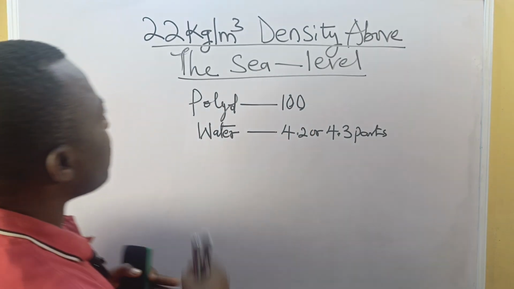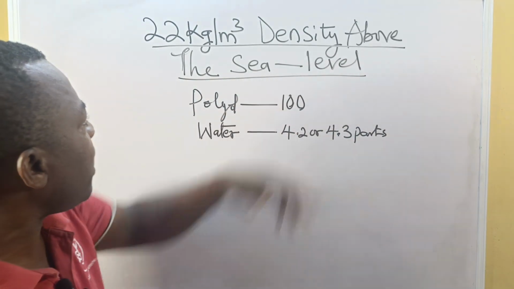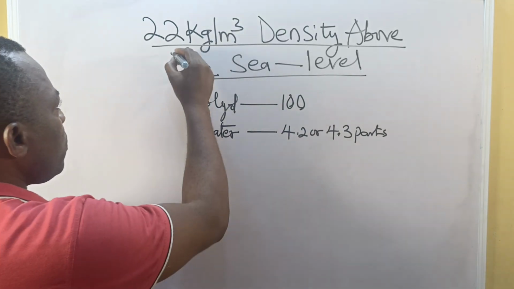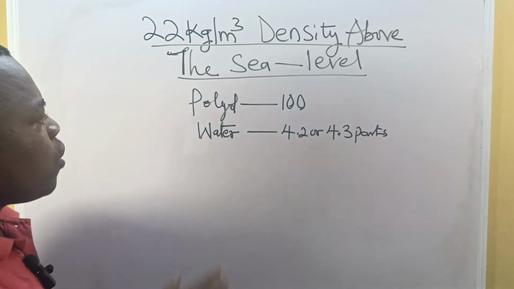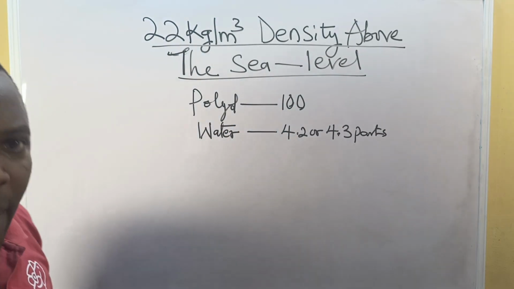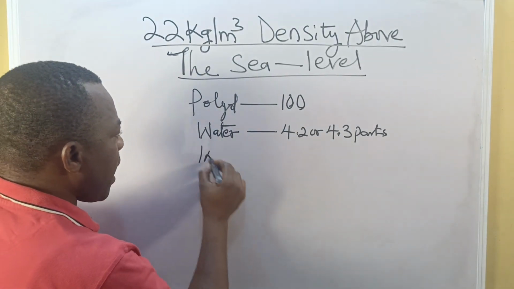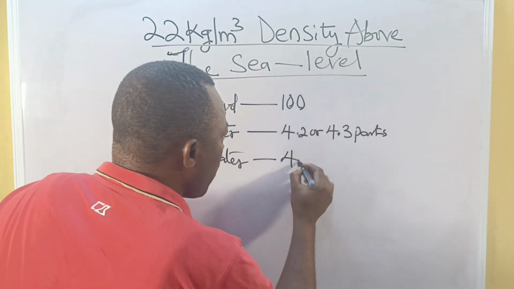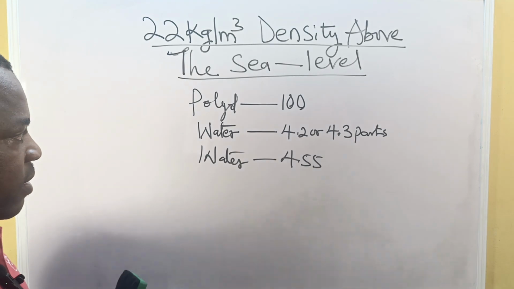Now, we look at this 22 density above sea level. Remember, at sea level here, we say water equals 4.55, and that is good and excellent.